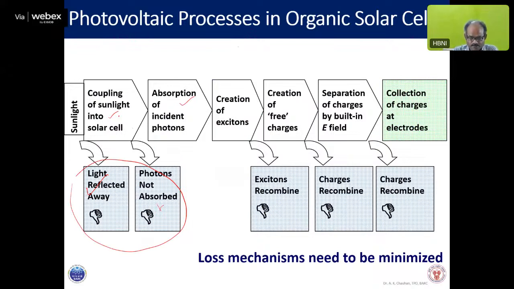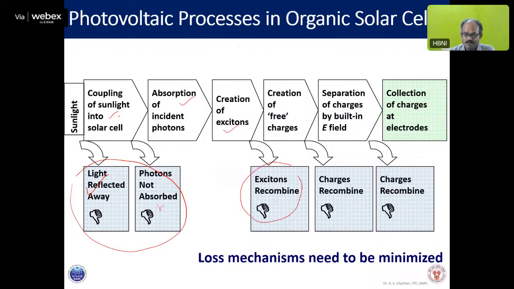So if it gets absorbed, then not necessarily all the photons which are absorbed will create excitons, but the majority will. Suppose it has created an exciton, then this exciton can recombine. There is a high probability.